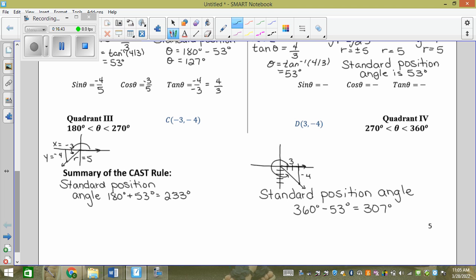So 307 degrees makes sense. If I have x equals 3, y equals negative 4, r is still 5. So I get sign your resume, negative 4 over 5. Cook extra rice, 3 over 5. Tan your Xbox is negative 4 over 3.